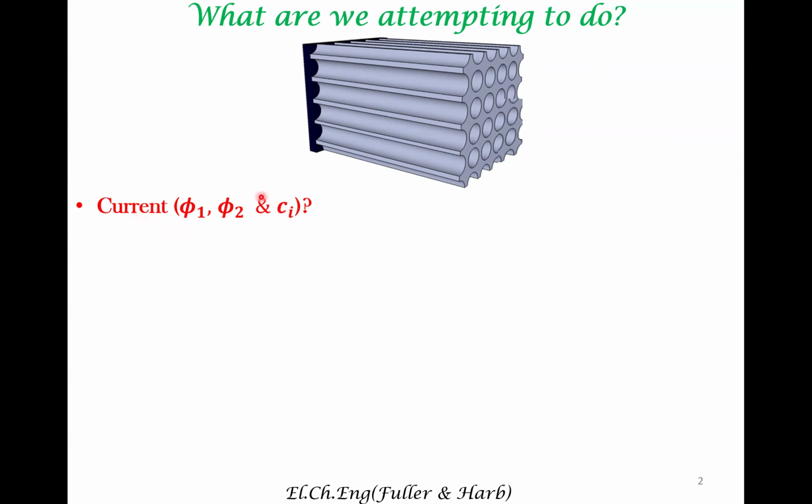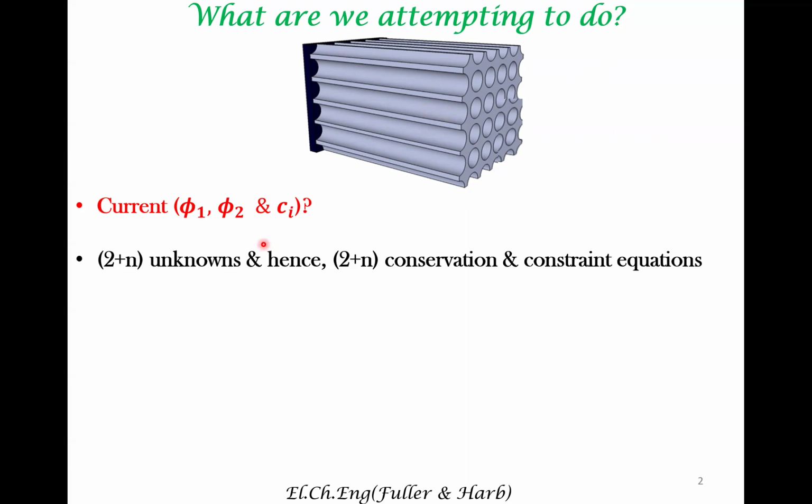To get the current as a function of these parameters, we have 2 plus n unknowns. There are two unknowns here and n unknowns here. So to get these, we need 2 plus n conservation equations. It can either be a conservation equation or some constraint equation, as you will see as we go into the next lecture. Typically, the conservation equations we are looking at are either a current or a charge conservation equation.